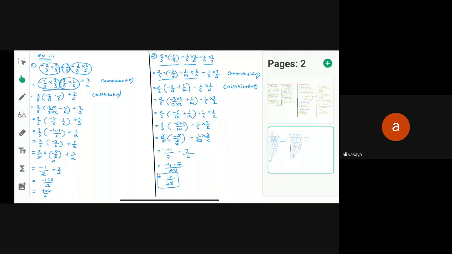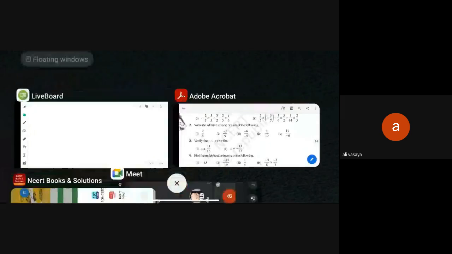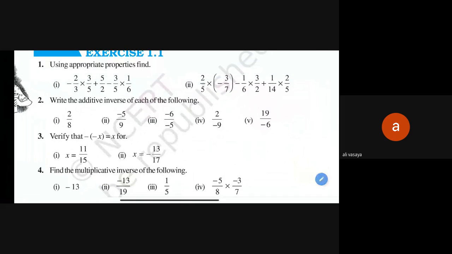Written all of you? Okay, now you can see question number 2. Write the additive inverse of each of the following. This question is very easy. We have to write down the additive inverse. What is the meaning of additive inverse?